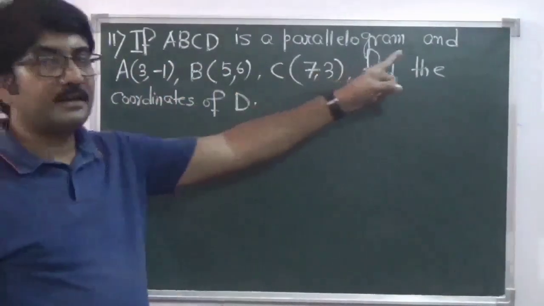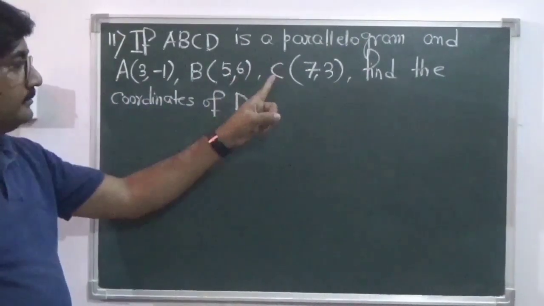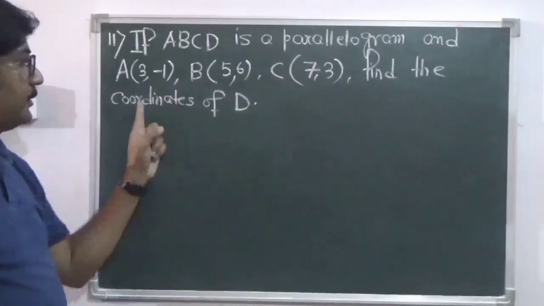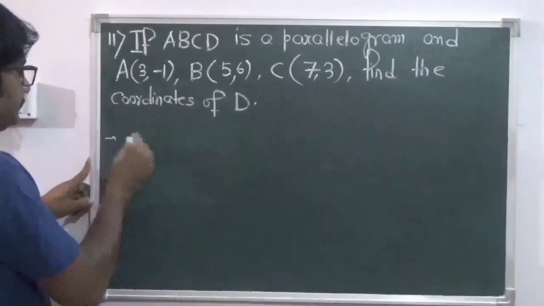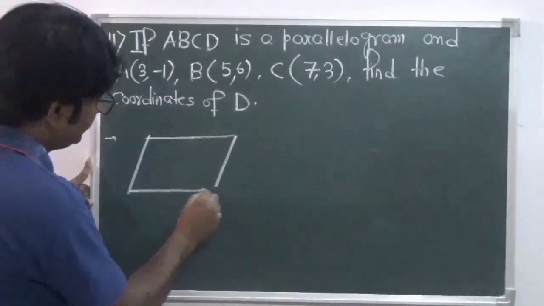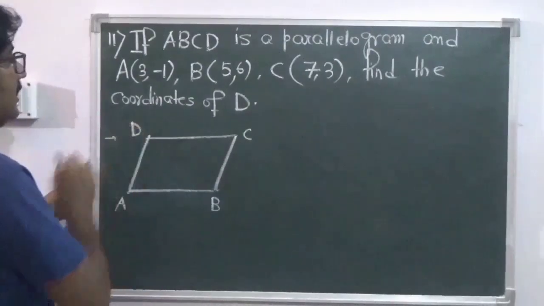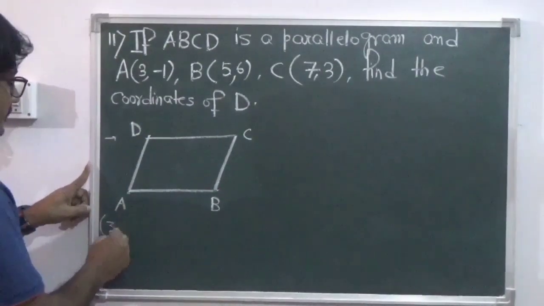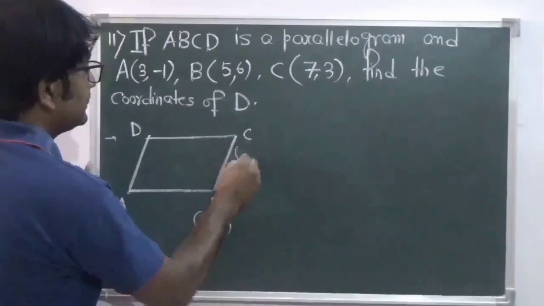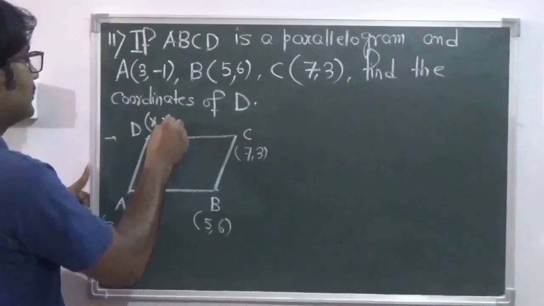If ABCD is a parallelogram and A (3, -1), B (5, 6) and C (7, 3) are three vertices of the parallelogram, then find the coordinates of D. That means if this is the parallelogram, take it as A, B, this is C and this is D. A is known as (3, -1), B is given as (5, 6), C is (7, 3), and let the coordinates of D be (x, y).